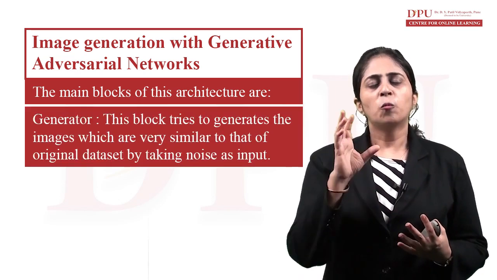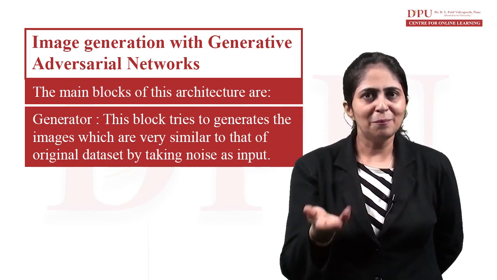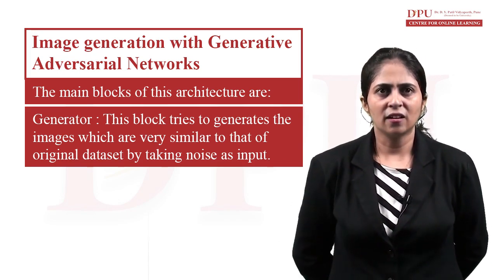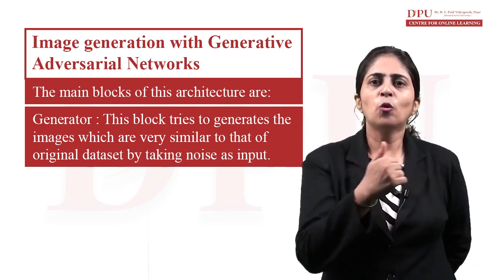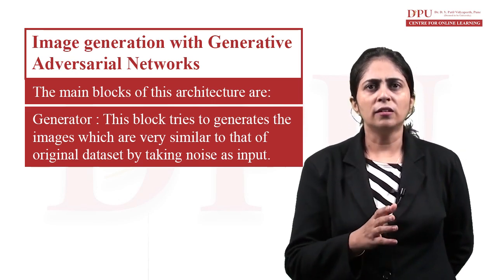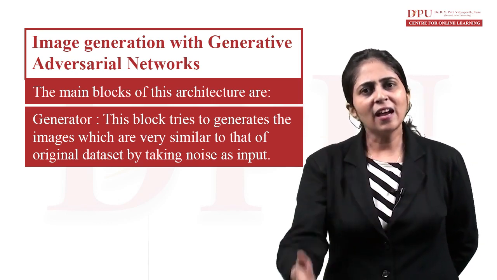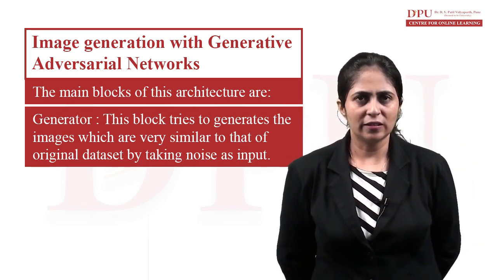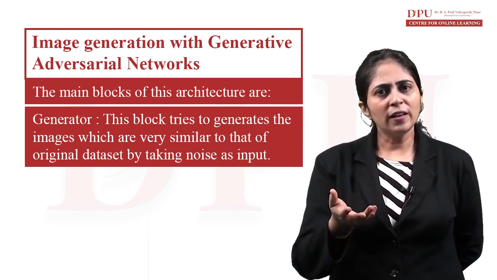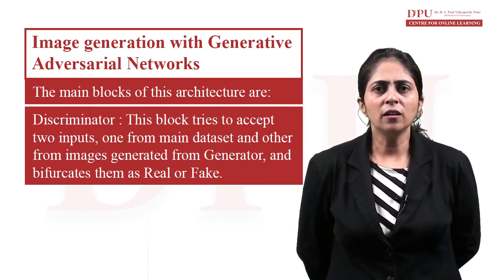Generator, what does it do? This block tries to generate the images which are similar to those of the original data set by taking some noise as the input. It tries to learn the joint probability of the input data and the output data. Second one, we have the discriminator.